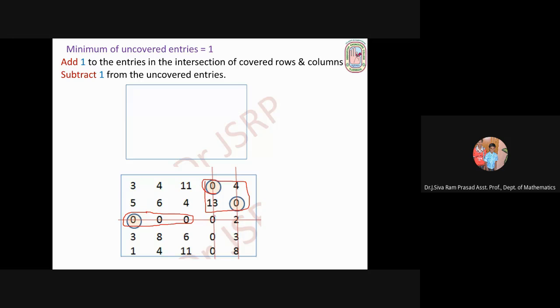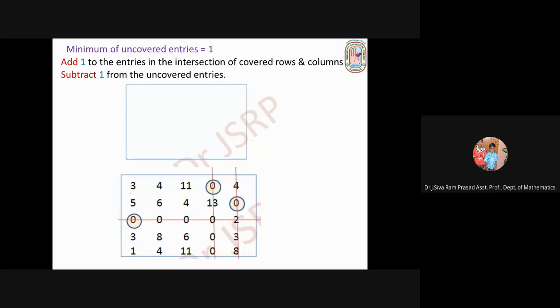This entry and this entry are in the intersection of covered column and covered row. So for these 2 entries, we add this minimum value, and from uncovered entries we subtract, and the other entries remain the same.